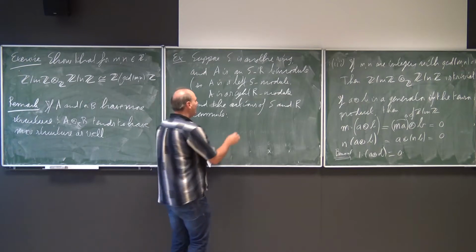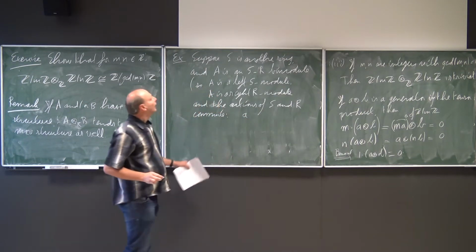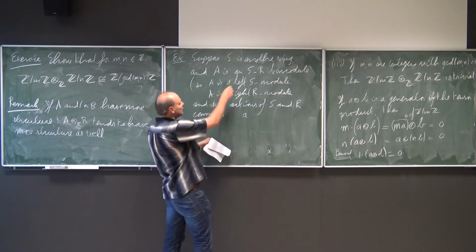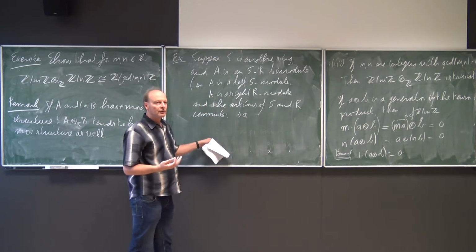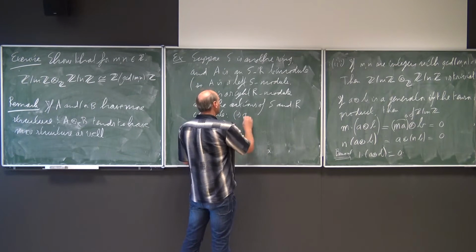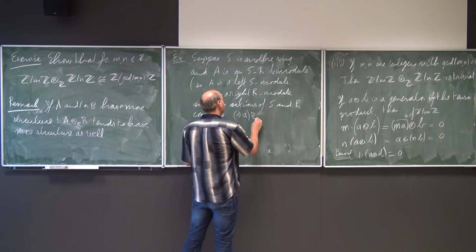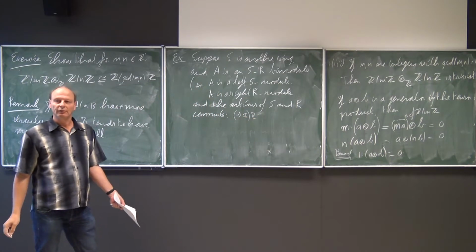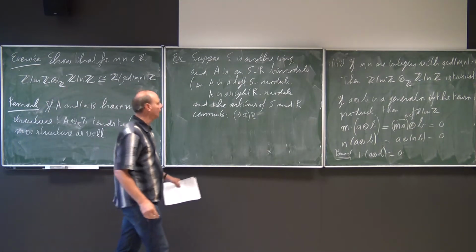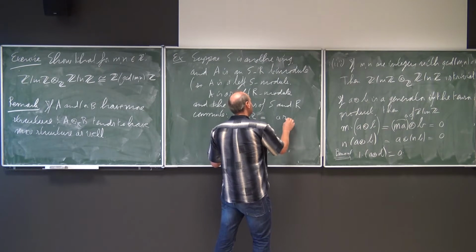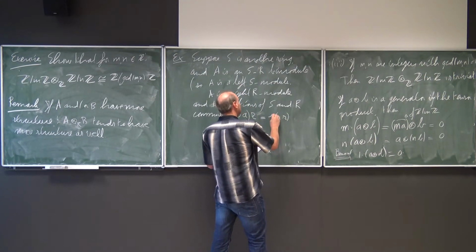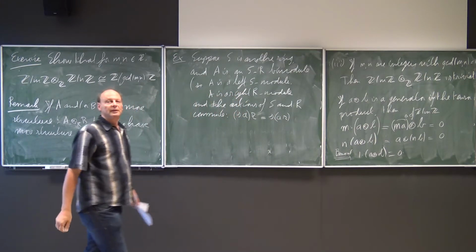If I take an element in A, little a, I can multiply it on the left by an element of S, say s, and I can multiply it on the right by an element R, capital R. And I could do this in 2 orders. I can first multiply by s on the left and then on the right by R on the result. And I can also reverse the order: first let R act on the right, then s on the left. And these should always be the same.